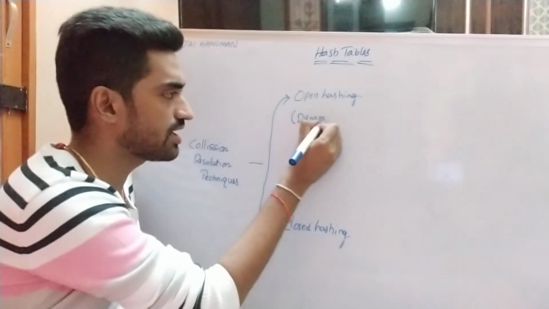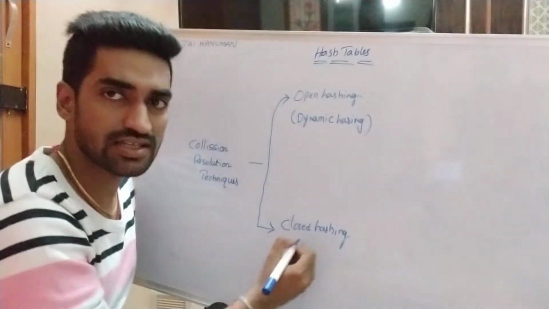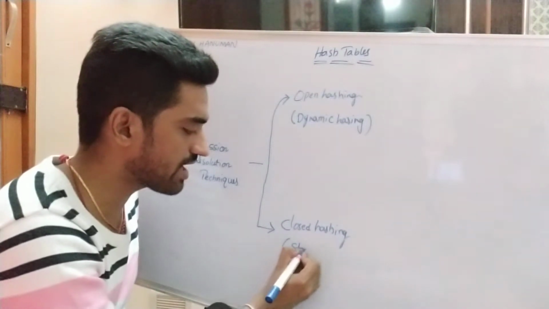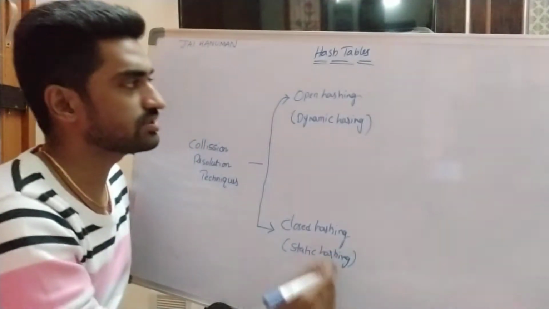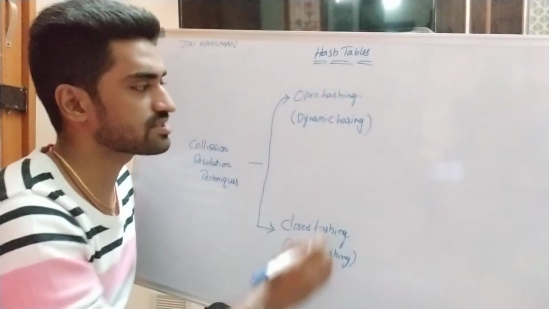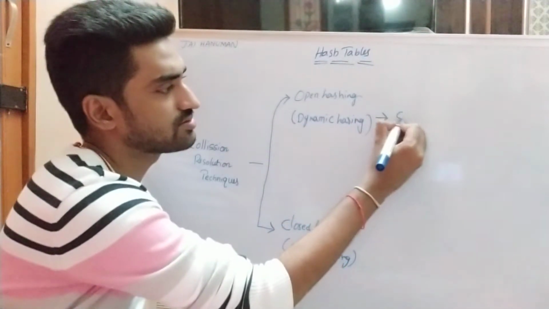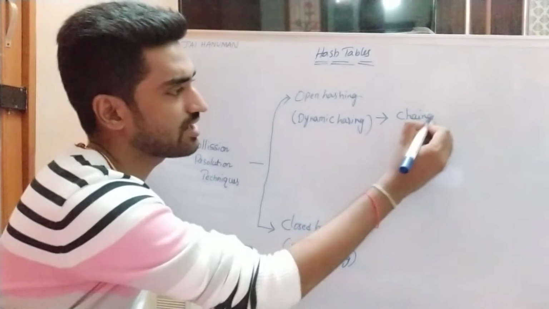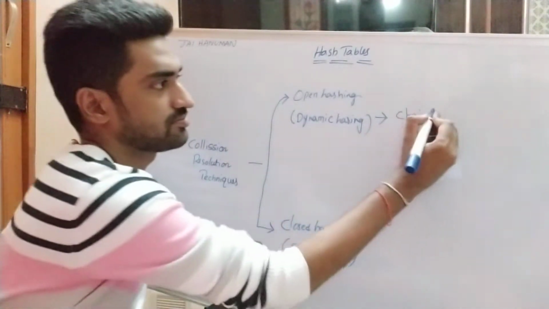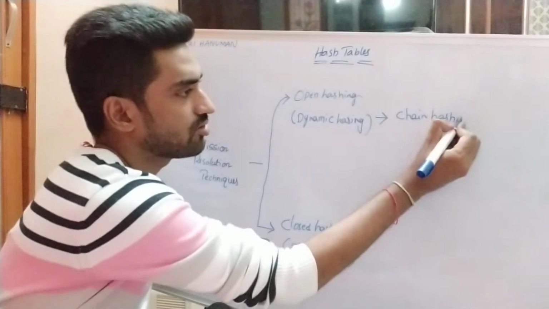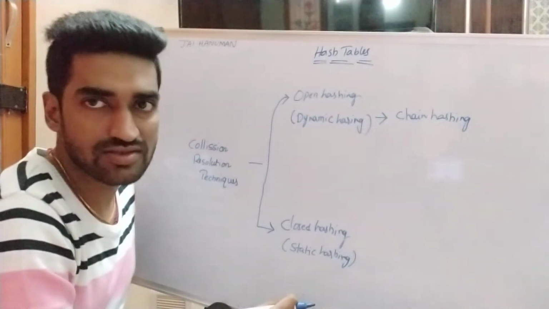Closed hashing is also called static hashing. To implement the open hashing mechanism, we use one technique, called chain hashing.